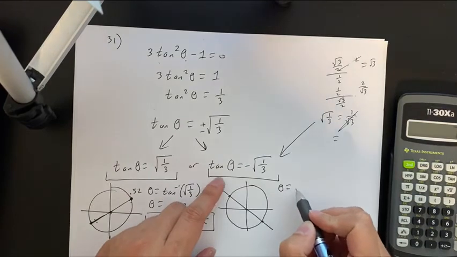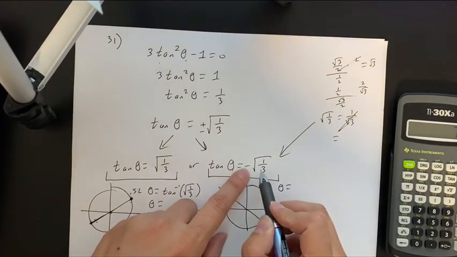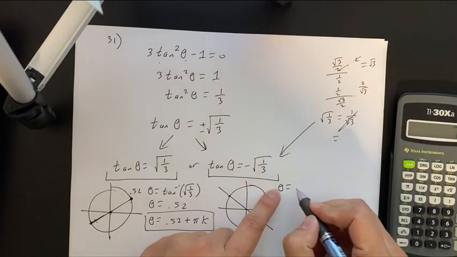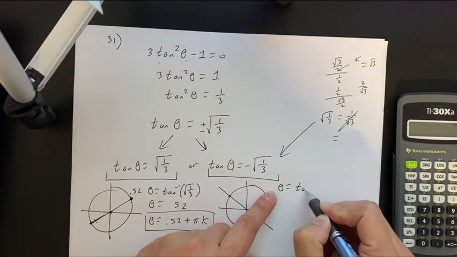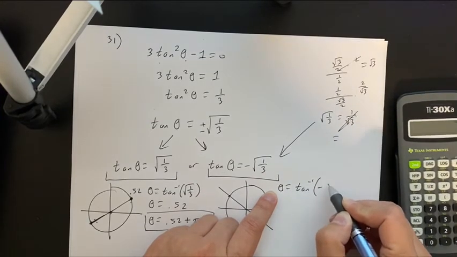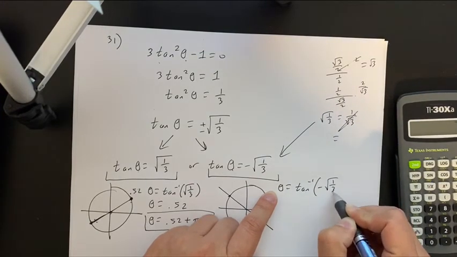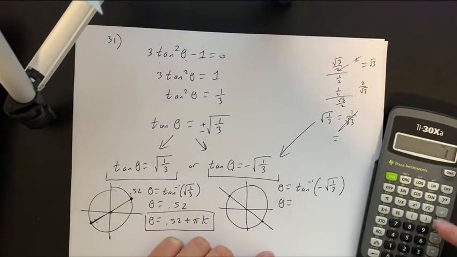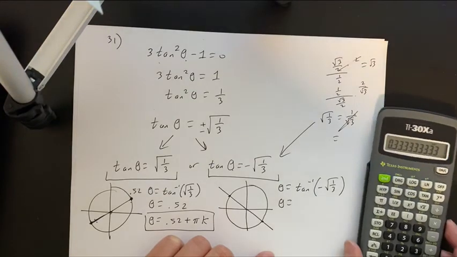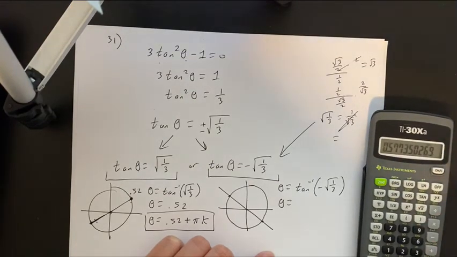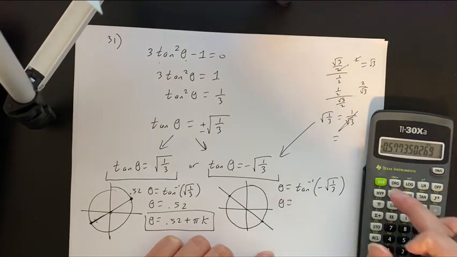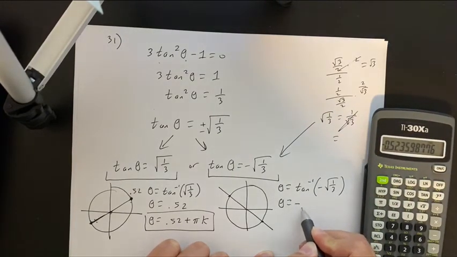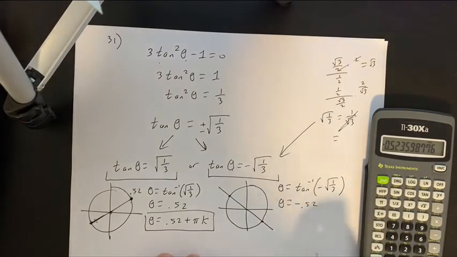So how do I get a value that would give me this as my tangent? I'm going to take the tangent inverse of negative root 1 over 3. So 1 divided by 3, take the square root, but I want the negative of that. Now I'm going to take the tangent inverse, and that gives me a negative 0.52.